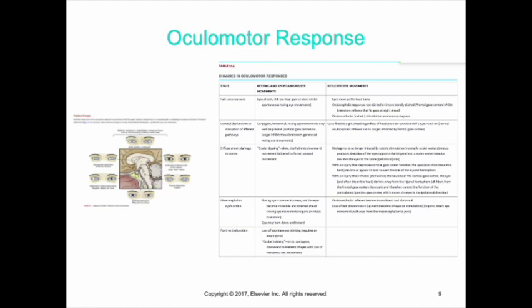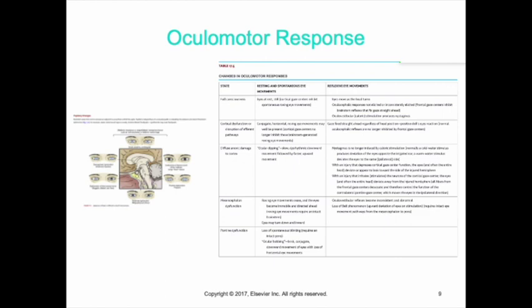But as we start to have more alterations in this ocular motor response, you can see things like fixed gaze. You might see more nystagmus. You might see an inability to move their eyes through the 6 cardinal gazes.